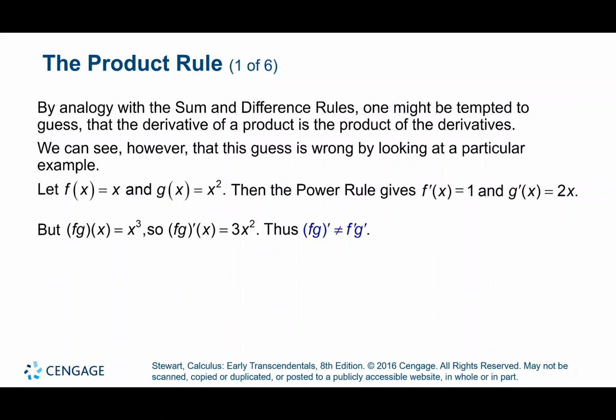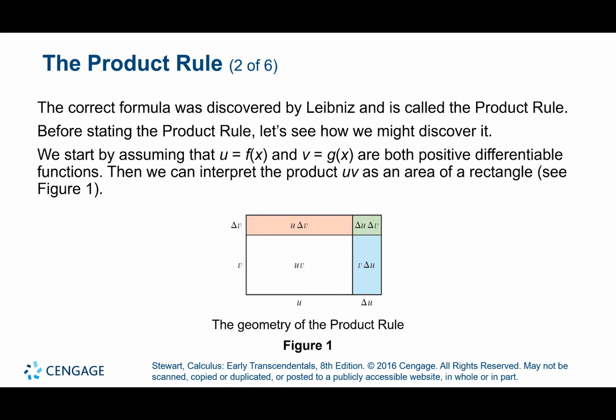The textbook tries to give us this idea of thinking about f of x times g of x as the area of a rectangle, and then tries to justify why we get the product rule the way we do. It's just kind of garbage, really.